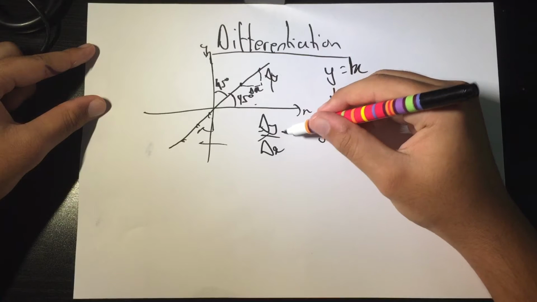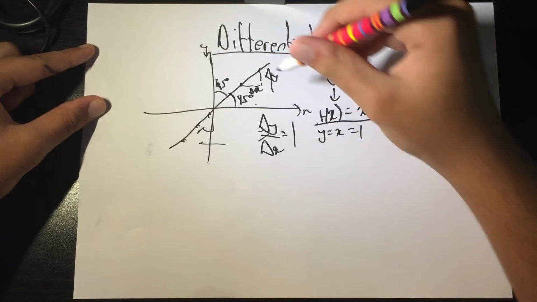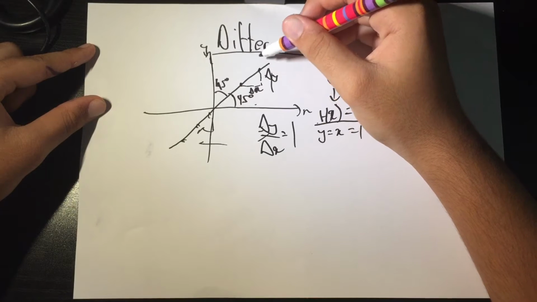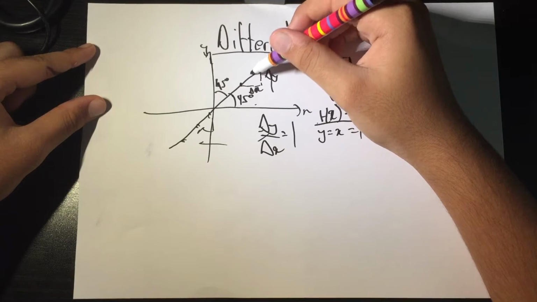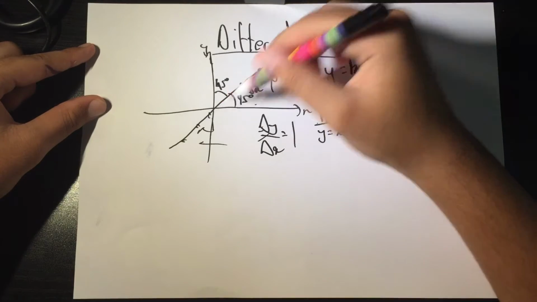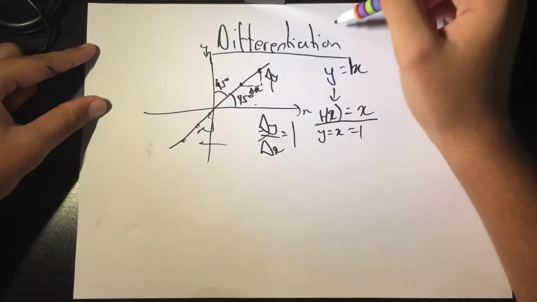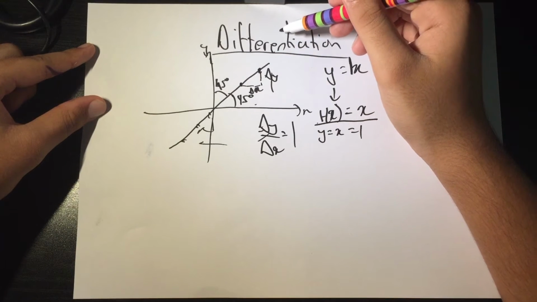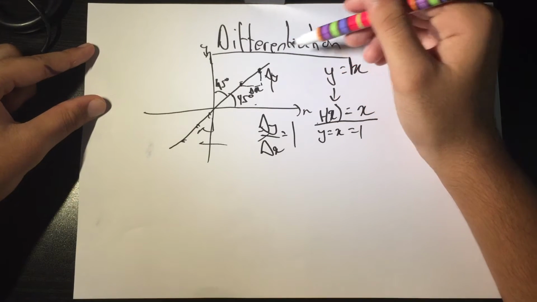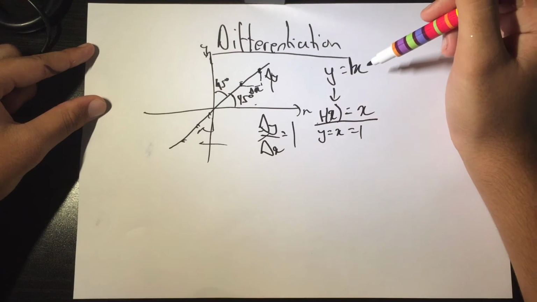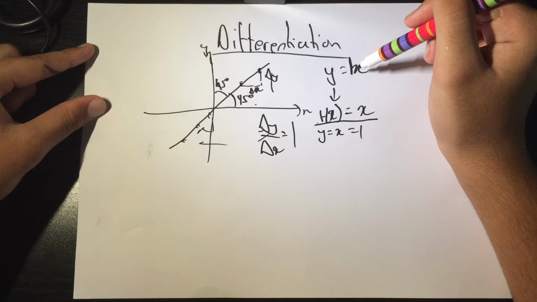So change in y over change in x is equal to 1. If you go to any particular point on the curve, all the points are in one straight line, they follow the same gradient in a straight line curve. That's why straight line curves are easy and we start with these functions before we move on to the curves.